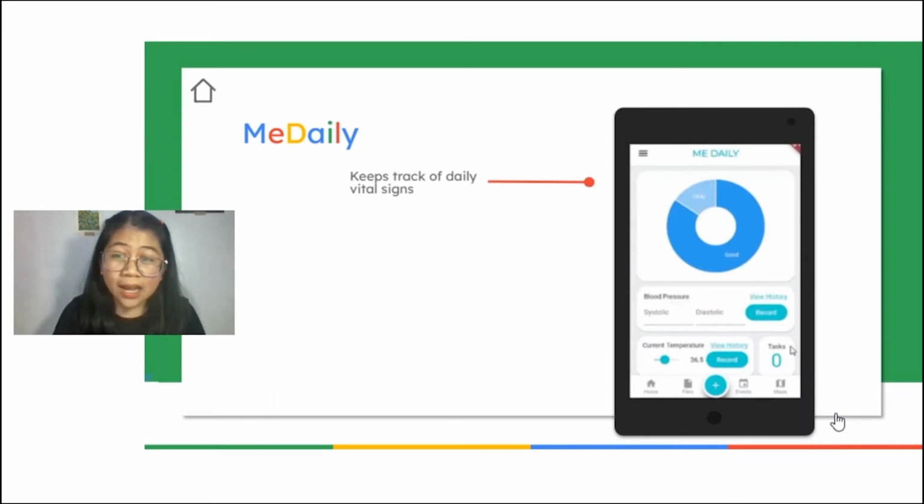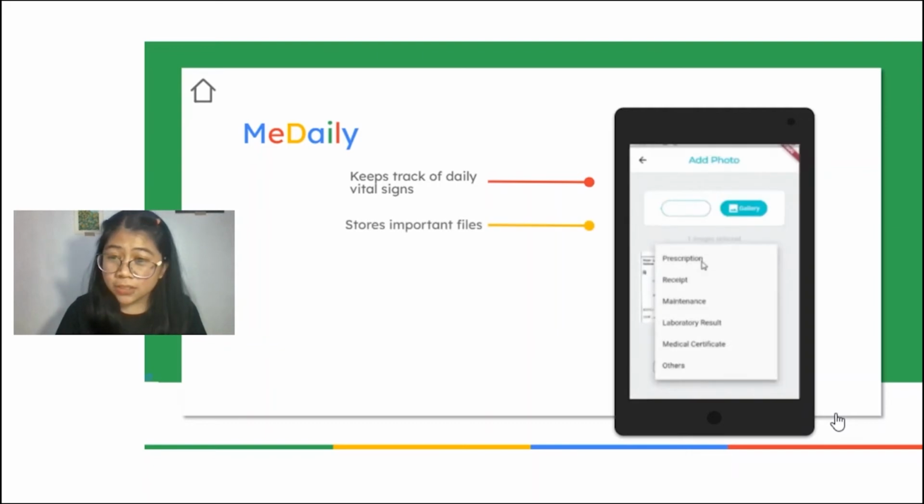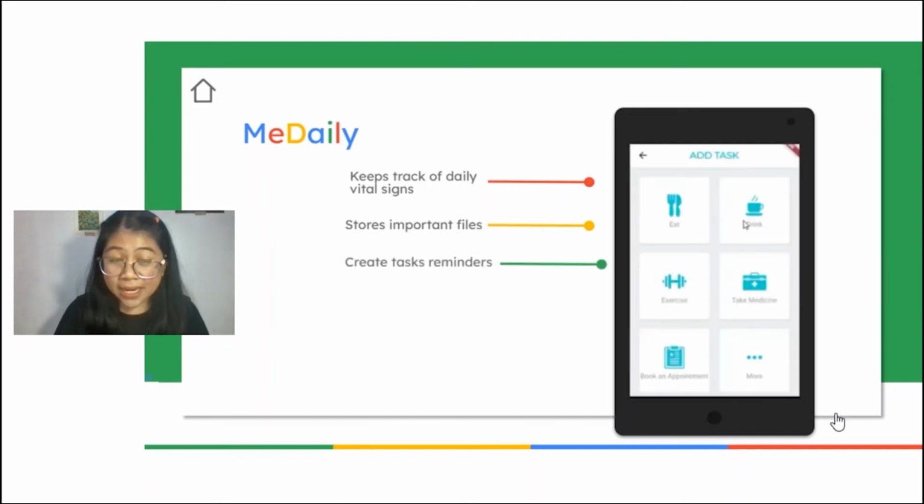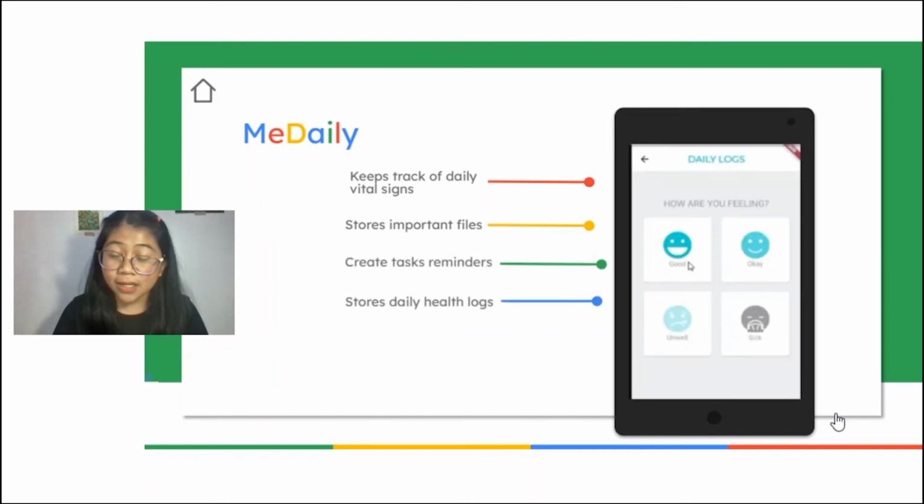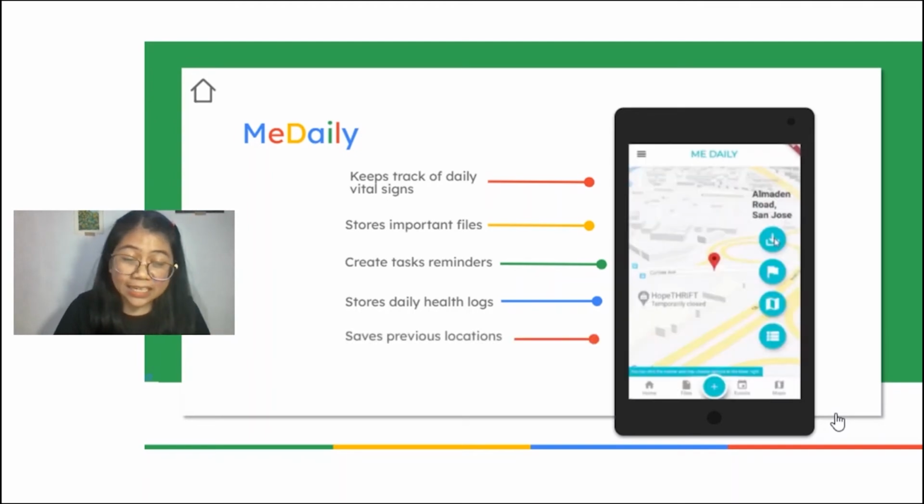First, it keeps track of daily vital signs such as your blood pressure and your temperature. It also stores your important files like your prescriptions, your laboratory results, your medical certificates, your receipts. It also creates task reminders. Not only that, but it also stores your daily health logs, whether you're feeling well, feeling great, or feeling sick. And finally, it saves your previous locations.